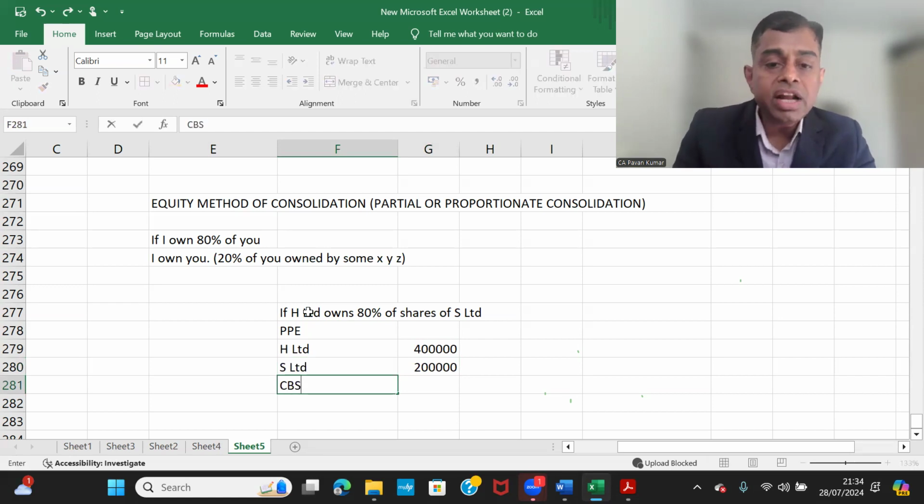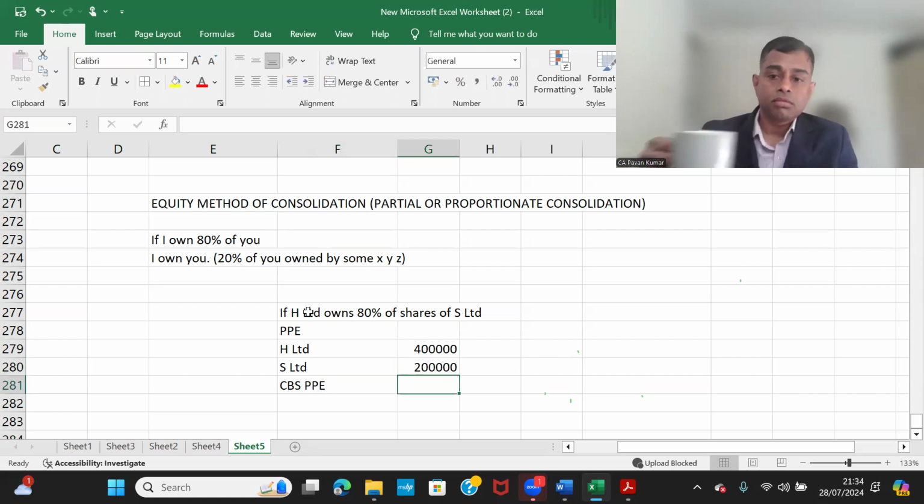Now you tell me, in the consolidated balance sheet, what is PPE? Tell me the answer, please. Is it 6 lakhs or is it 4 lakhs plus 80% of S Limited? Obviously 6 lakhs, dude. Close your eyes.